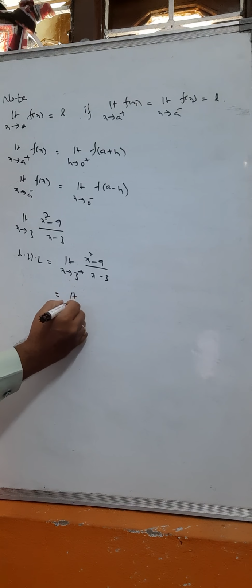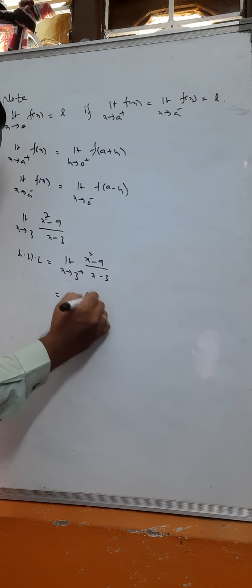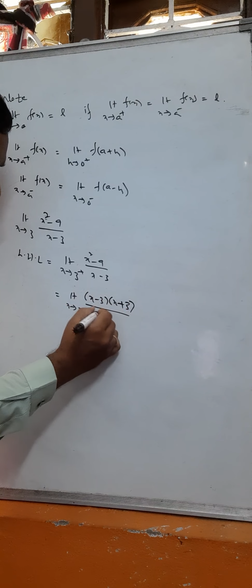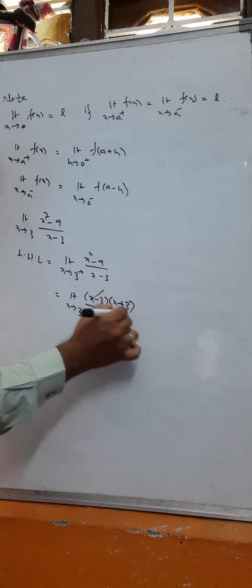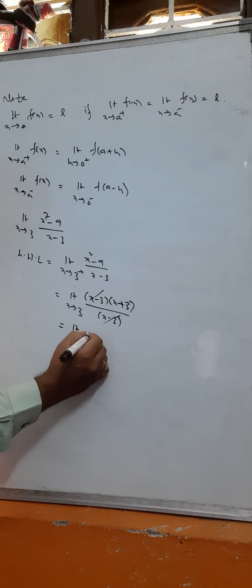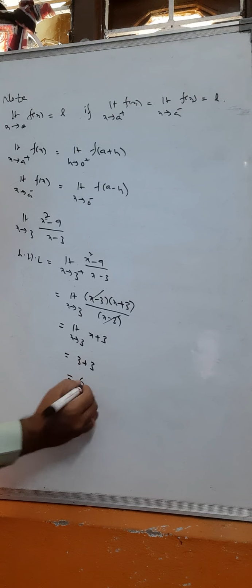So that is limit x tends to 3, x square minus 9, we can write it as x minus 3 into x plus 3 by x minus 3. These both will get cancelled, that is equal to limit x tends to 3 of x plus 3. So that is 3 plus 3, that means 6.